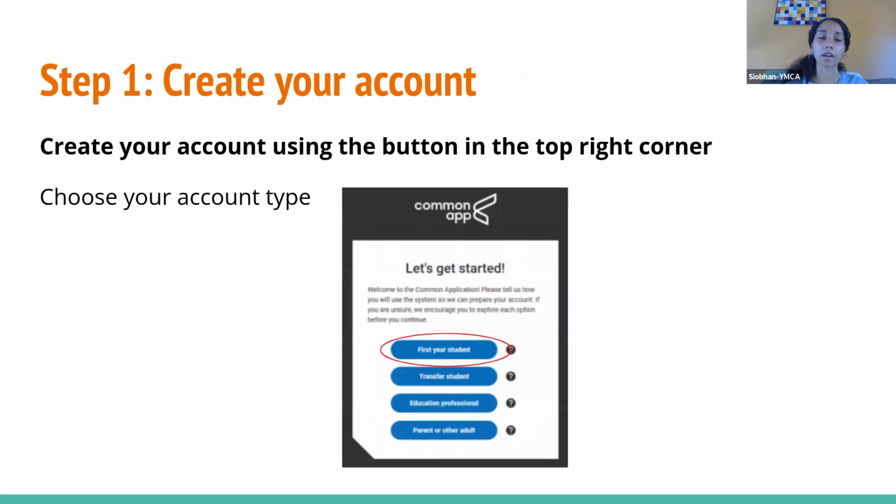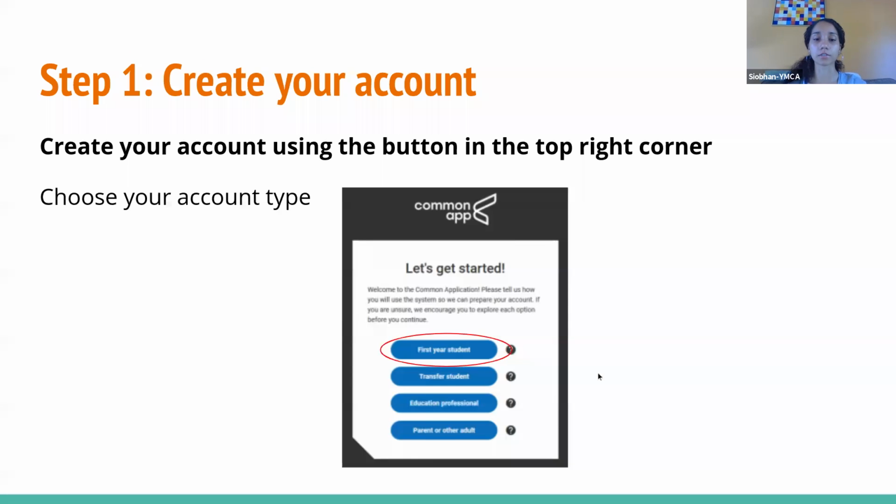And when you get there, your first step is going to give you a welcome message. And your first step is going to be creating your account. So this will pop up and it'll ask you to choose what kind of account you're looking to make. So if you're a first year student, meaning you've never been to college before, you're a senior in high school, this is going to be your first year in college, you would select first year student.